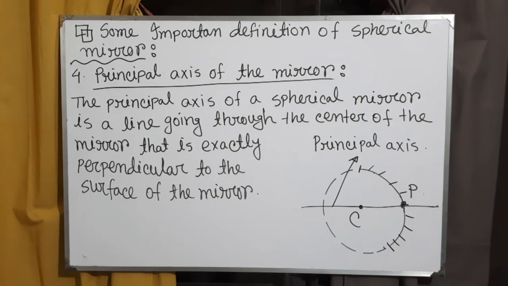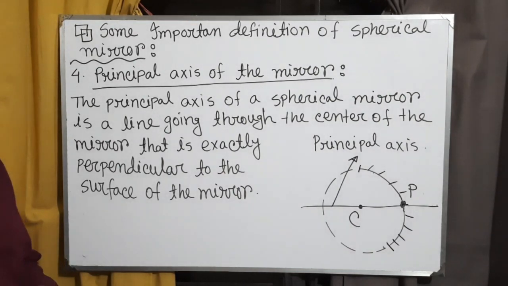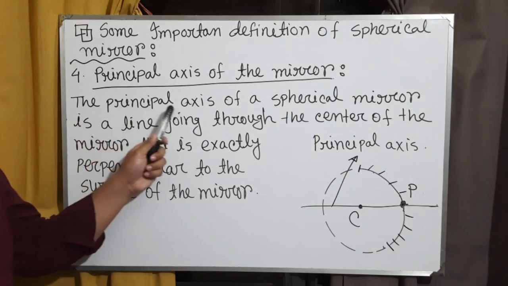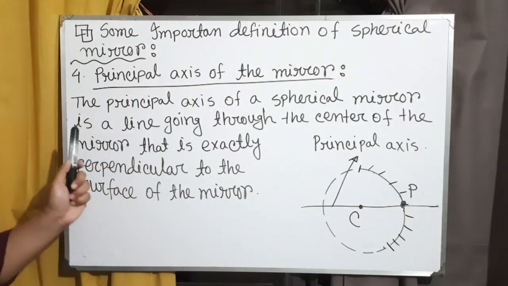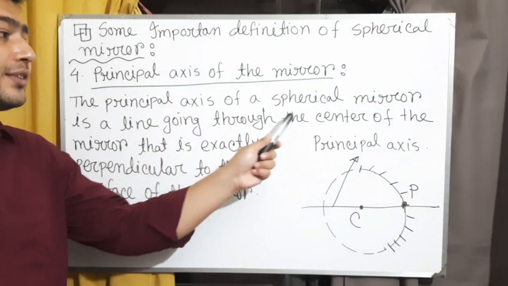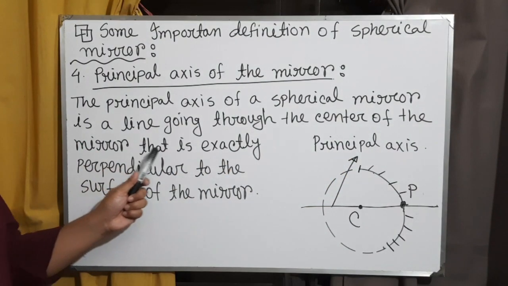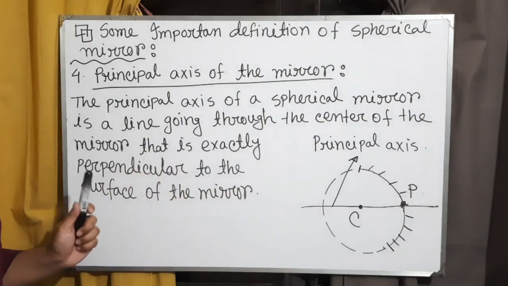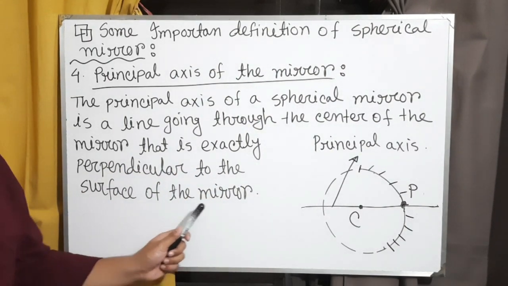Our next definition is the principal axis of the mirror. The principal axis of a spherical mirror is a line going through the center of the mirror that is exactly perpendicular to the surface of the mirror.